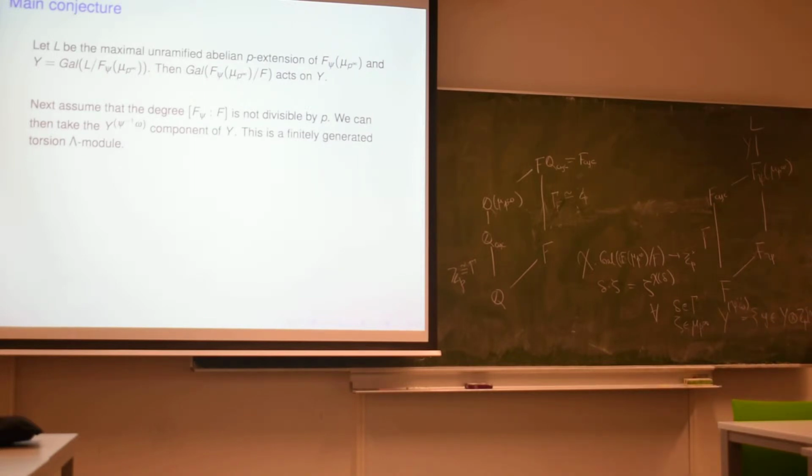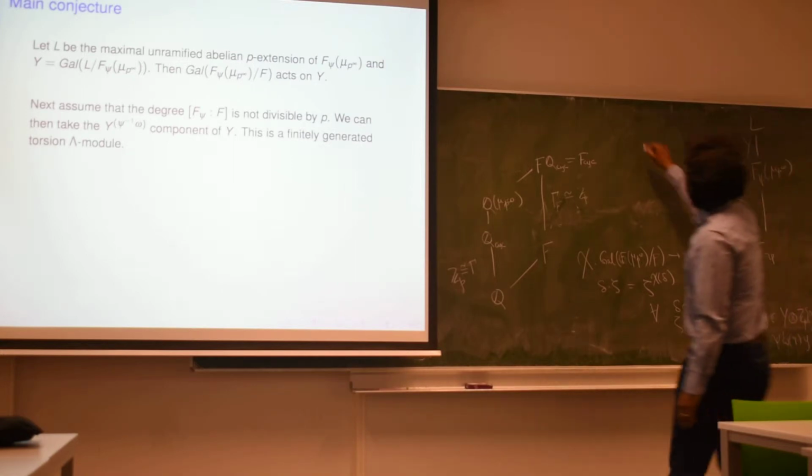Okay, so everything in here such that gamma of y is psi inverse omega gamma of y. Something like this. So that's the psi inverse omega component of Y, and then by the theorem of Iwasawa that I mentioned, this is a finitely generated torsion Lambda module.